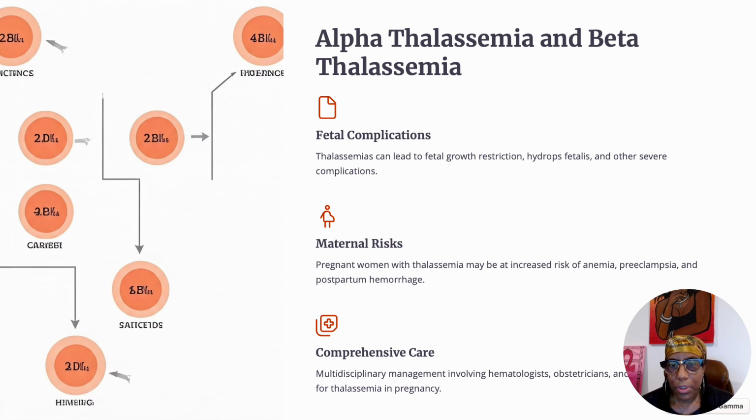Just know that they're microcytic anemias, and also know that it is a condition where the alpha or the beta chain of the hemoglobin is missing. And if that's missing, you have low oxygenation because you need a fully functional hemoglobin to carry the oxygen. All right.